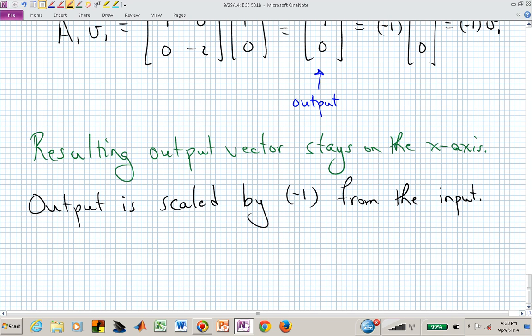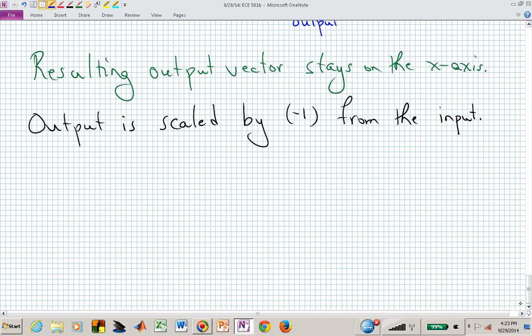If we look at another vector that is operated on by A1, suppose v sub 2, since we had such good luck with the x direction, let's go in the y direction. Suppose v sub 2 lies on the y-axis.